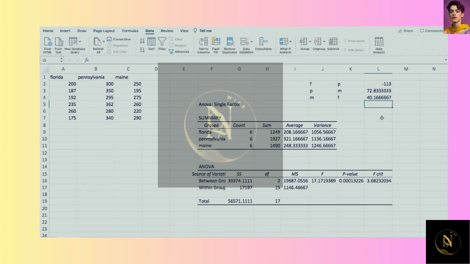And then we are going to take the square root of our mean square within group over our sample size, which is 6.